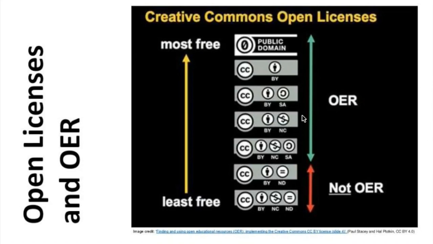I don't know if anyone wants to say why they think that might be the case, if anyone's got any thoughts about why that might be they wanted to share. I can see someone typing.